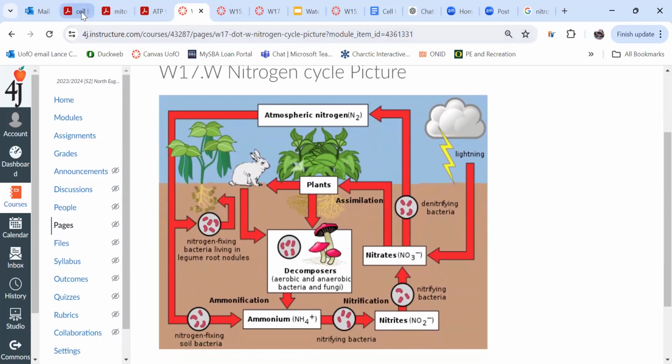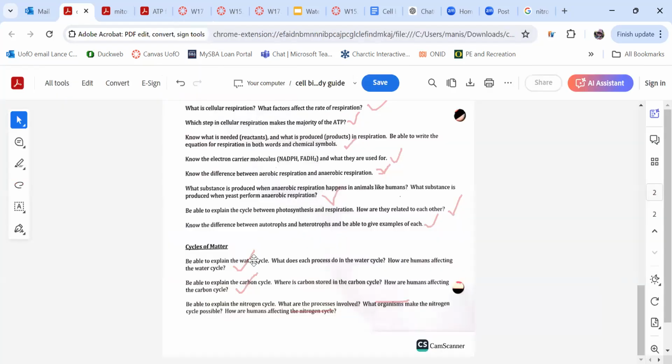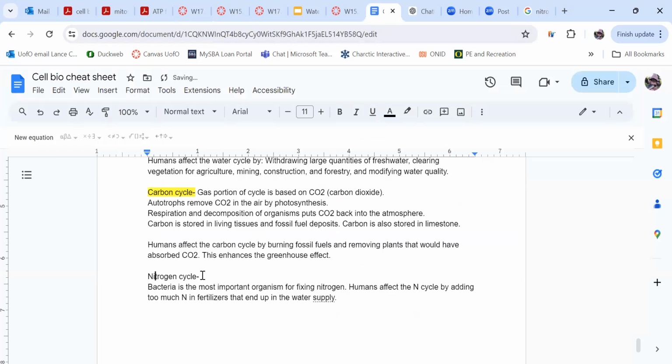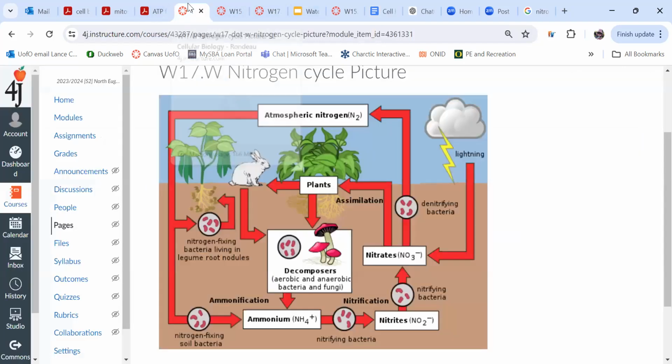So when this asks stuff like be able to explain the nitrogen cycle, let's just explain it. Let's just go: nitrogen in the atmosphere goes into the ground and gets fixed by bacteria.